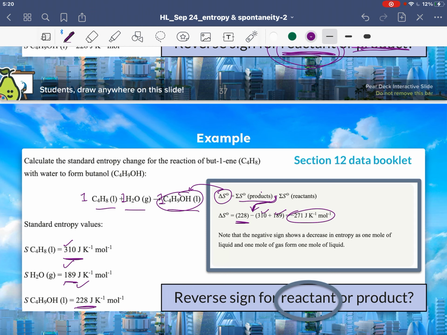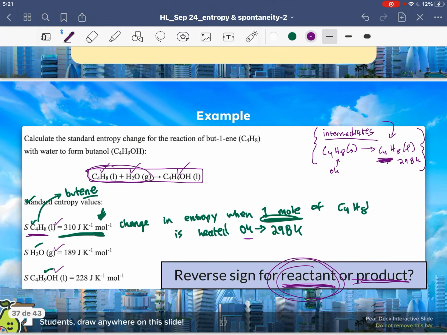And I get negative 271 joules per Kelvin per mole. And this is indeed entropy units. Negative sign. We could have predicted, even before we did any of these calculations, that this would be negative because I have a gas going to no gas. So I expected that entropy was decreasing and becoming less disordered.